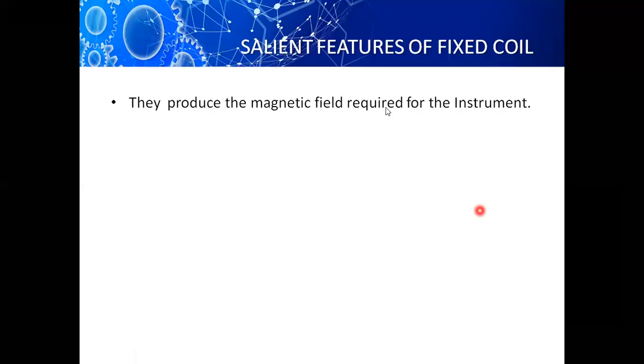So, the salient features of the fixed coil. They produce the magnetic field required for the instrument, and the fixed coil is divided into two sections.